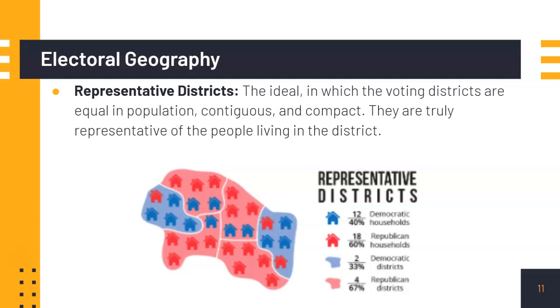Compact districts tend to cluster around a central core instead of sprawling out in strange, convoluted shapes. This ensures that the district is geographically coherent, representing communities that are naturally connected and share common interests. When voting districts are equal in population, contiguous, and compact, they become truly representative of the people living in them, fostering fairer elections and a more accurate reflection of voters' preferences.